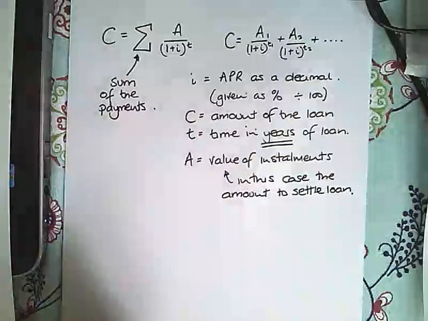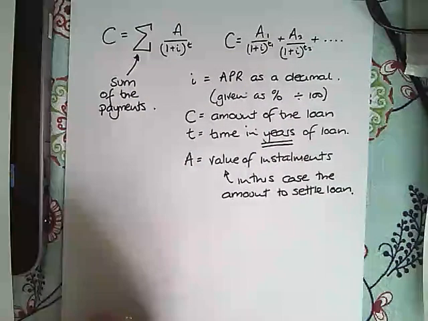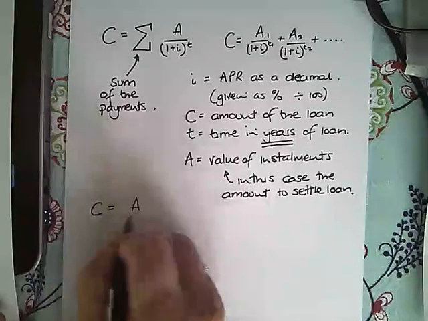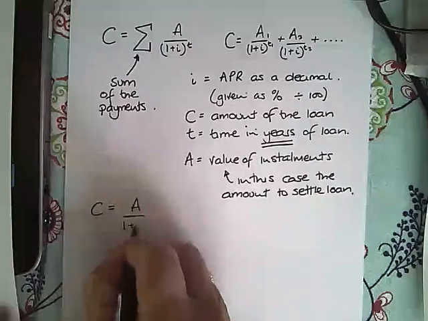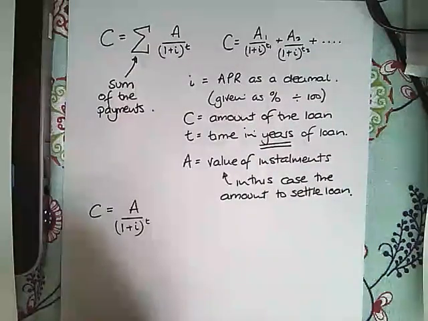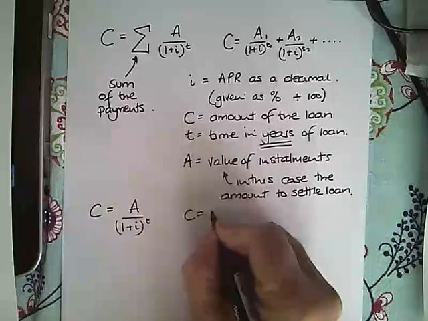And it really is as simple as substituting the values into this. We're only making one payment, so we're going to write C is equal to A over 1 plus I to the power T. Our C is 235.